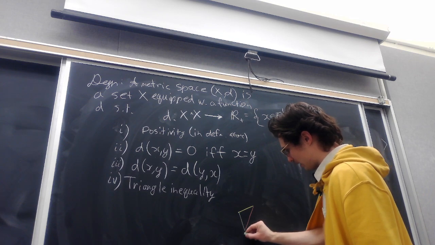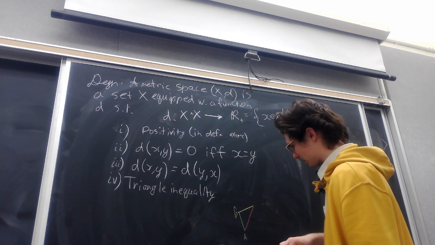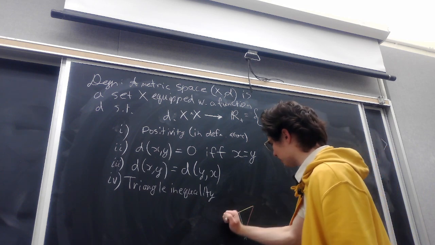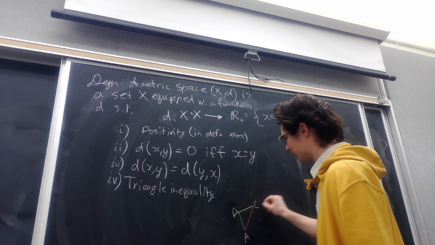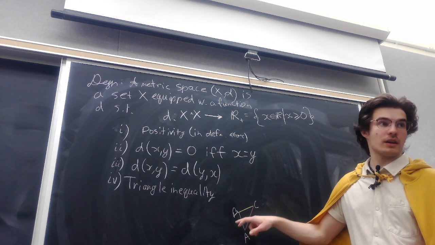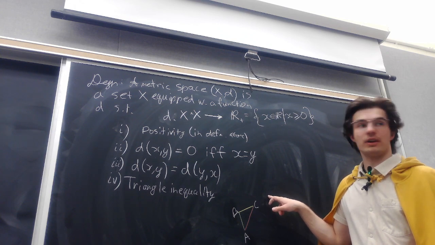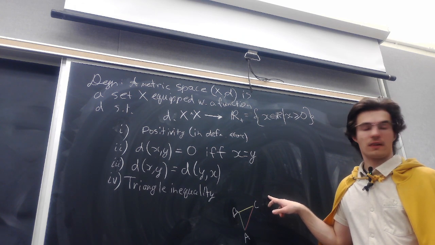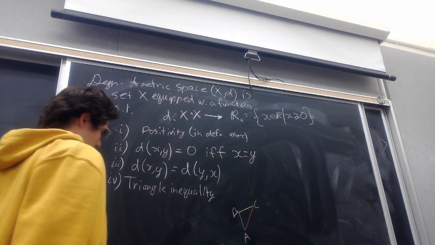Say this is A, this is B, this is C. I want the distance from A to B and B to C together. If I add those two, that should always be greater than what? A to C, right?